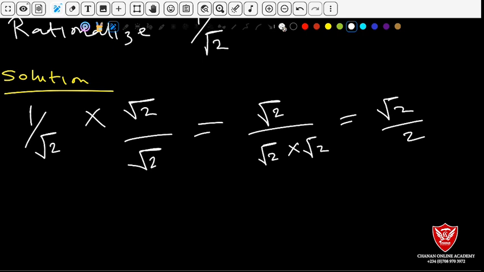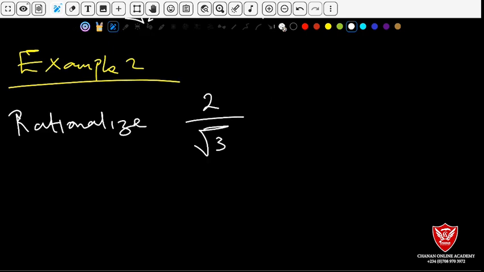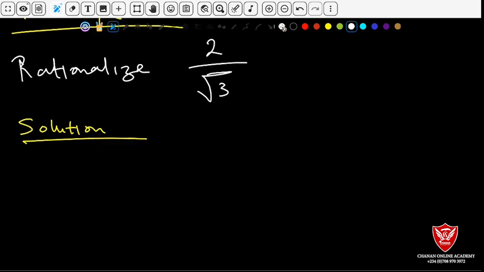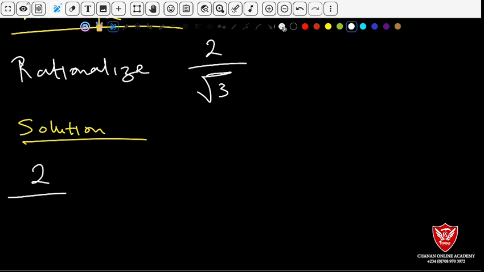Let's take more examples to explain this much better. In this example, we are asked to rationalize 2 over root 3. We need to multiply both the numerator and the denominator by the surd. Same thing, just 2 over root 3 multiplied by root 3 over root 3.